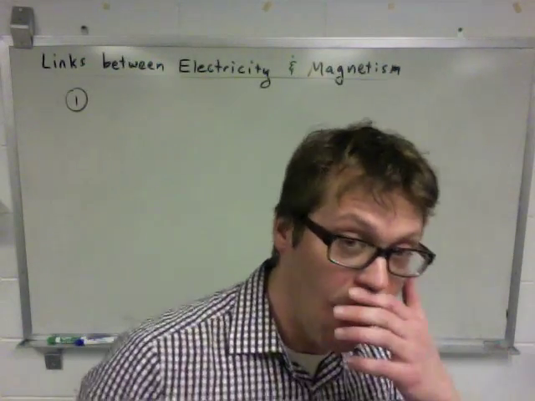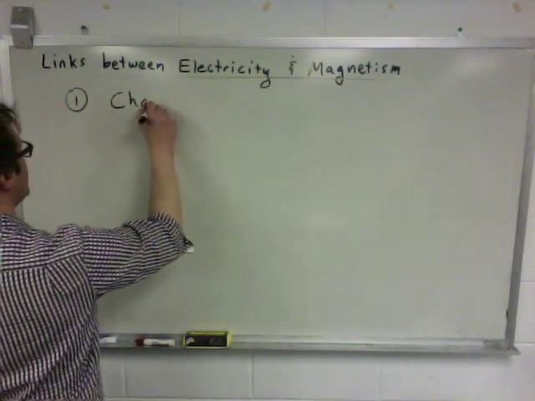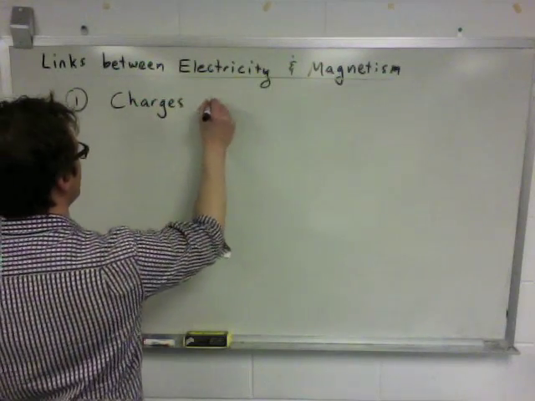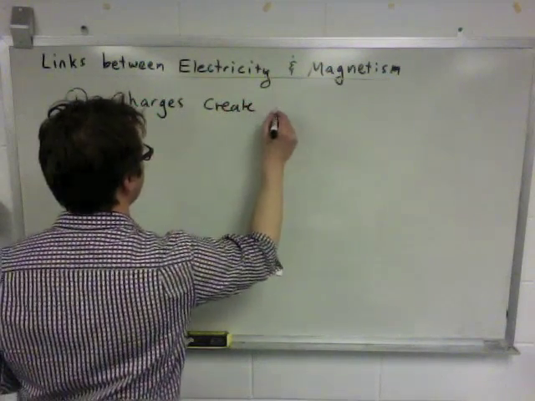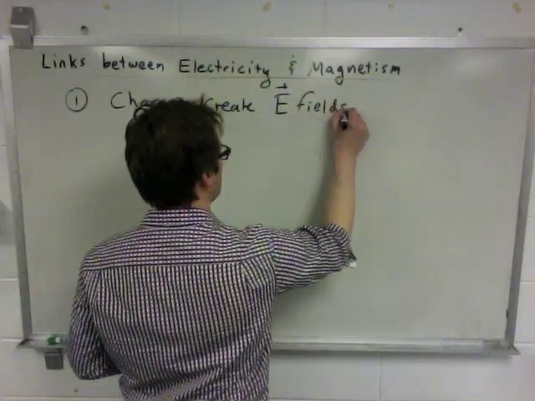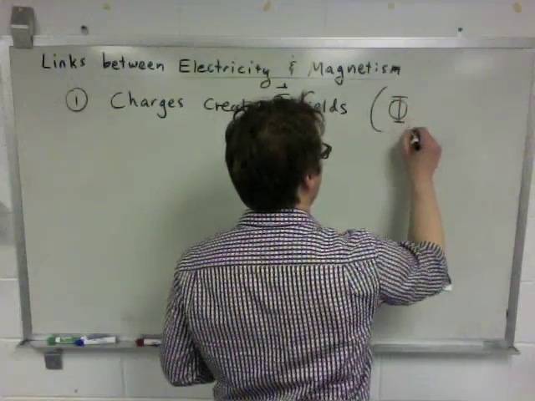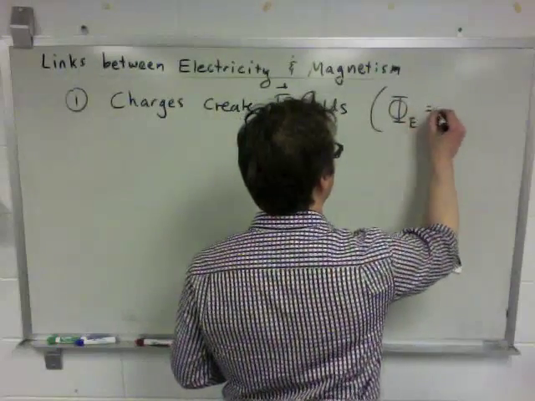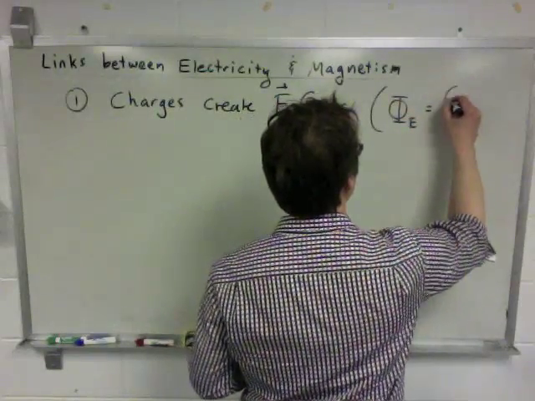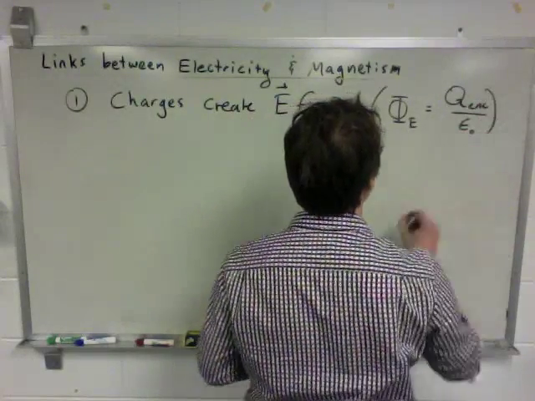And if you recall at the beginning, we started with the basic statement that electric charges create electric fields. And this was neatly summarized in Gauss's law, which says that the electric flux through a closed surface is equal to the charge enclosed by that surface divided by epsilon 0.